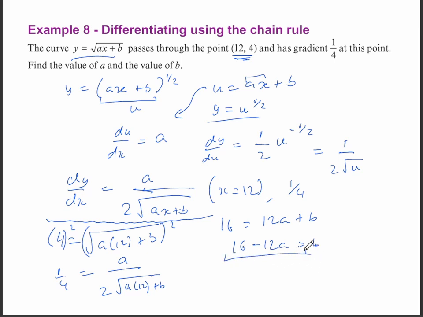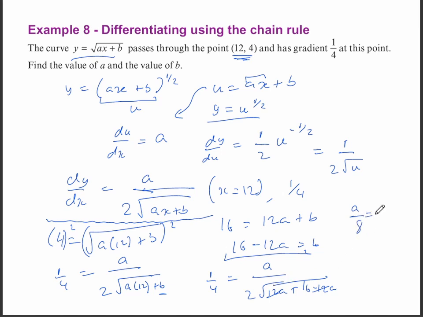Take that and substitute it into the place of b, and we will get that 1 over 4 is equal to a over 2 root 12a plus 16 minus 12a. The 12a and the negative 12a will cancel each other out. We have a over 2 root 16, which is just a over 2 times 4, which is 8.